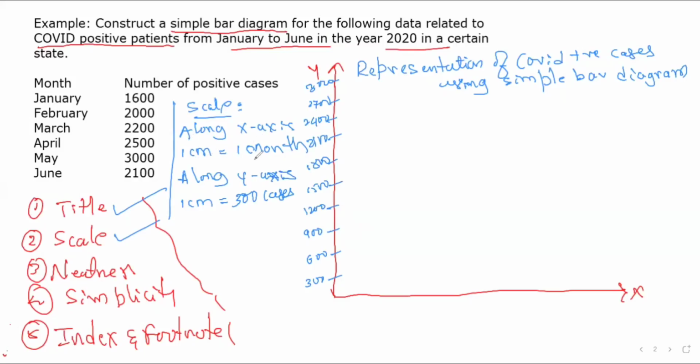Along the x-axis, 1 centimeter equal to 1 month. Let us assume the gap between each month is 1 centimeter. For January we have 1600, so we need to draw a bar. Let us assume this is a straight line. This is for January. Then for February we have 2000 cases, so the gap between each month is 1 centimeter.